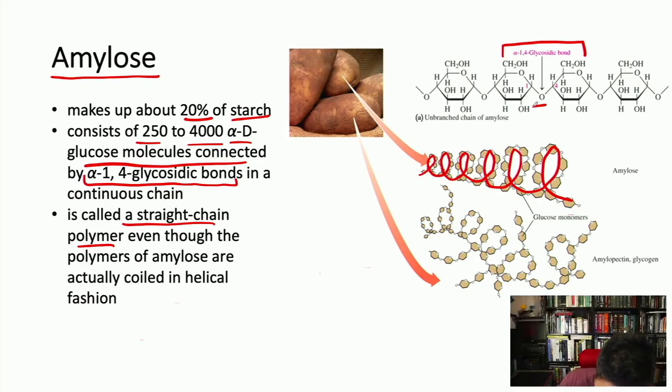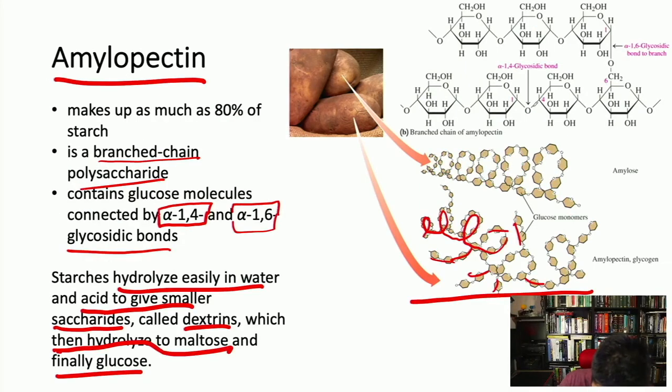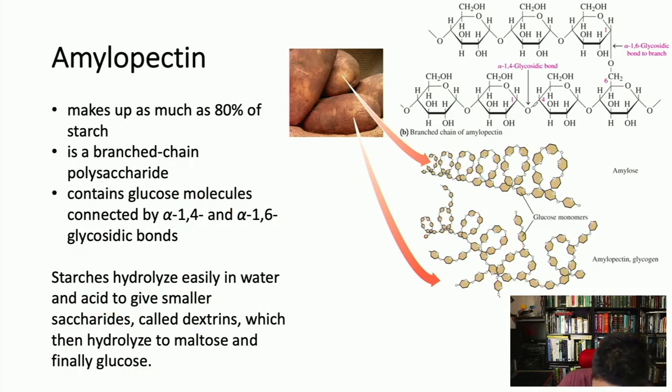Well, if 20% of starch is amylose, what's the other 80%? Well, it's called amylopectin. Amylopectin is actually very similar to amylose, except that it's a branched chain polysaccharide, right?